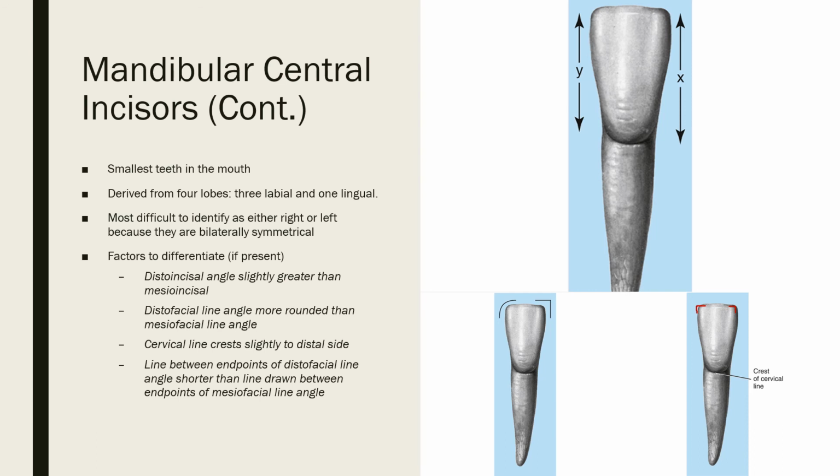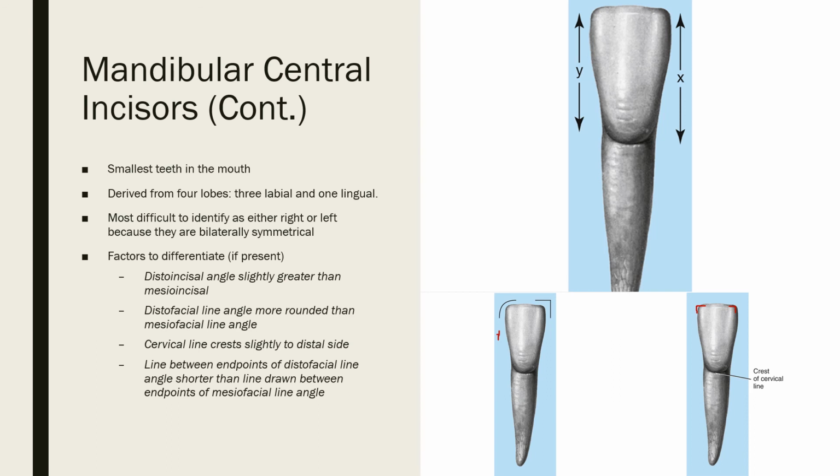Okay. The distofacial line angle is more rounded than the mesiofacial line angle. Okay. So if you see that in this picture, so if you only have a crown, that's the best way to tell. The cervical line crests slightly to the distal side.